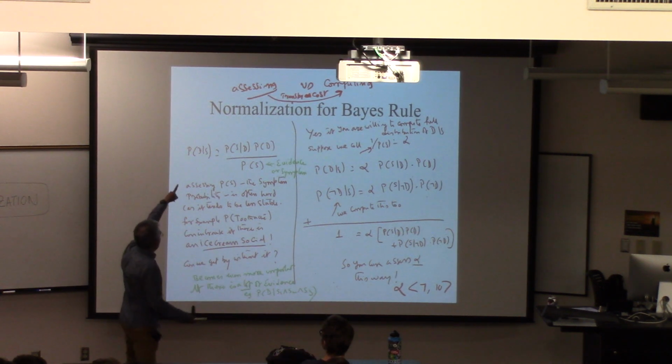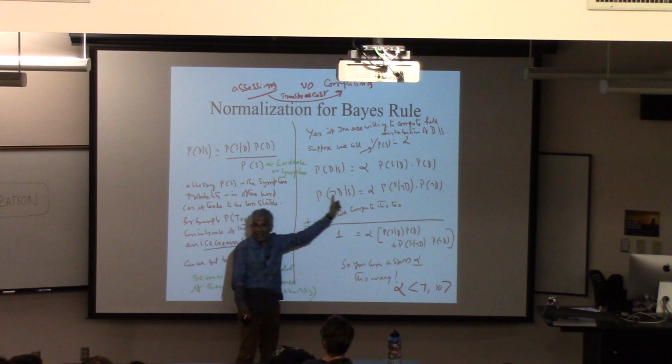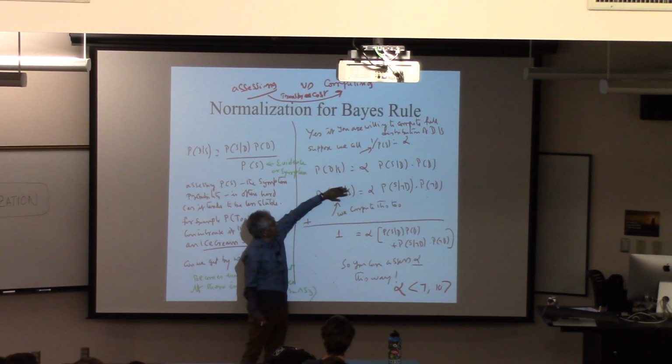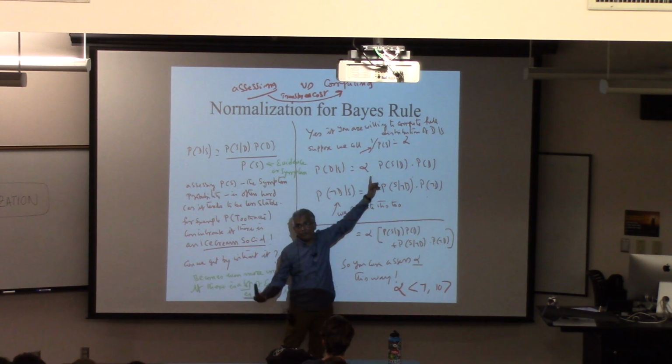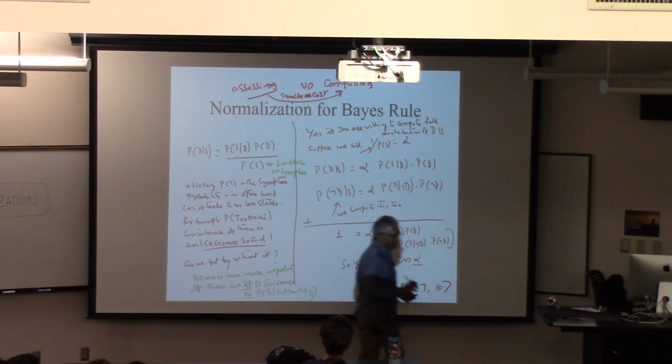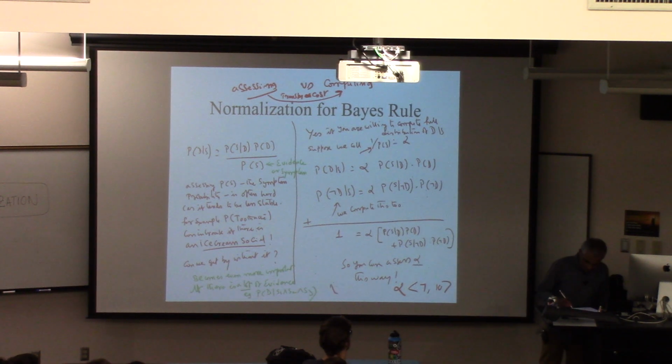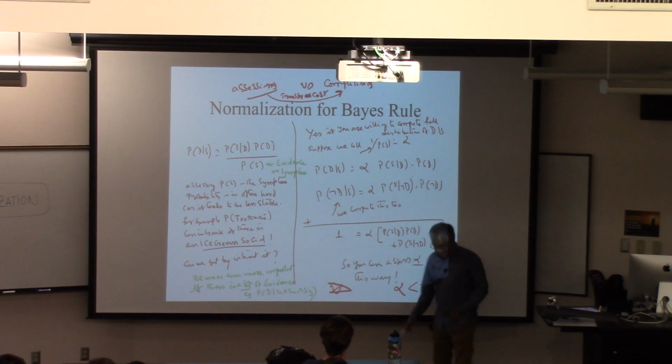Remember, this is 2-valued, you have to compute both D of S and not D of S. Only those 2 will add up to 1. You can't just say, I'll compute P of D given S, and then 1 minus that will be the other thing. Well, alpha is there, you don't know what alpha is. Understood? Okay. That's a very useful trick that people use, and you have to understand that.